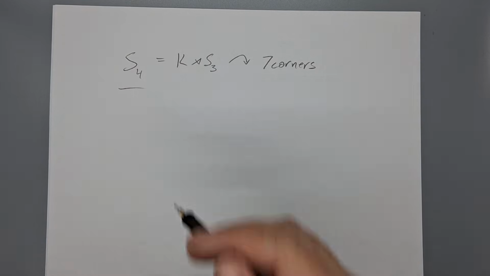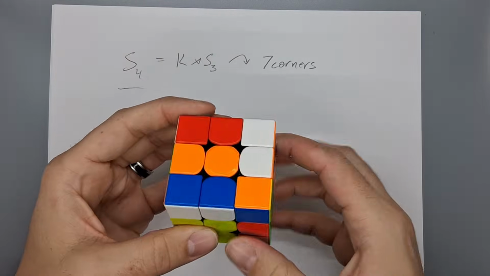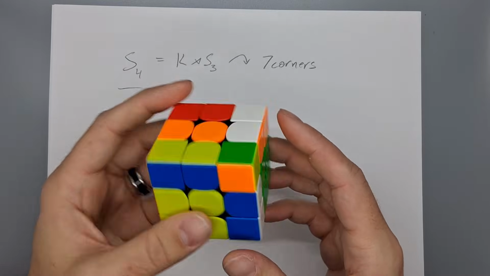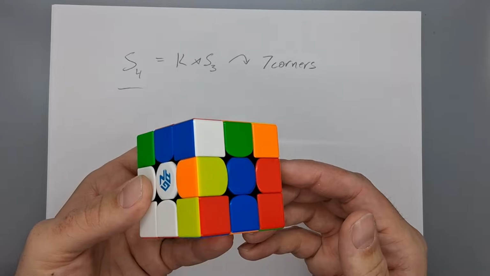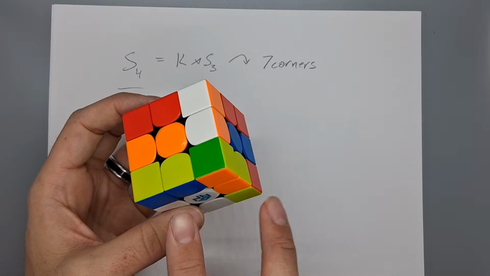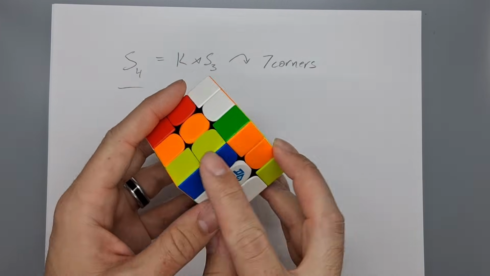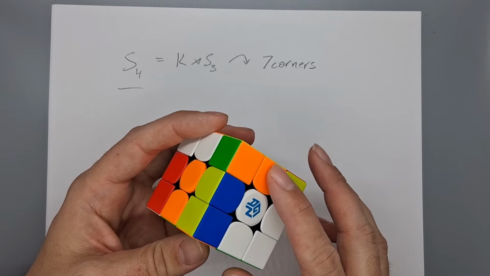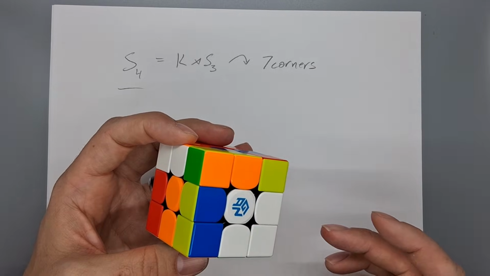If you think about how a puzzle works, a typical Rubik's Cube, what goes on here? I probably should not have scrambled this, but what can you do on a Rubik's Cube? You can typically only swap. If I swap 2 pieces, I have to swap 2 pieces somewhere else. Or I can swap those 2 and then swap those 2, and it makes a 3 cycle. That's true for the corners, and that's true for the edges.